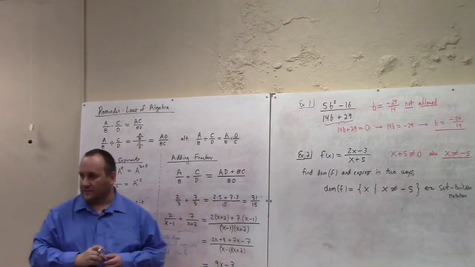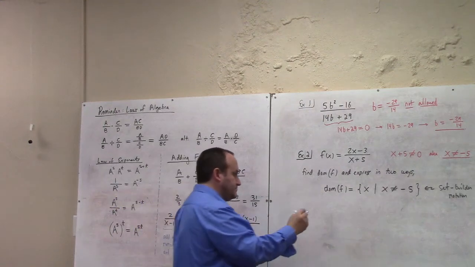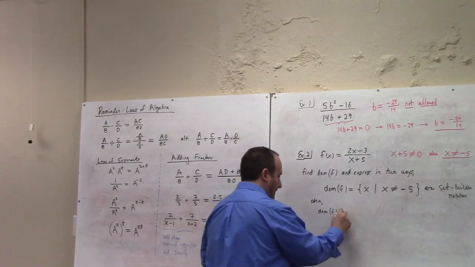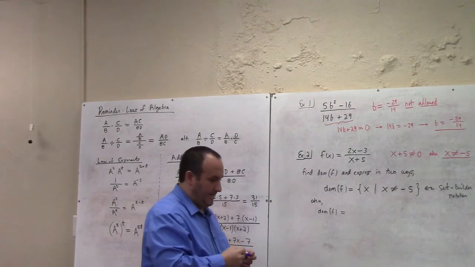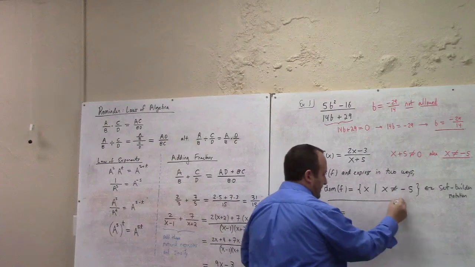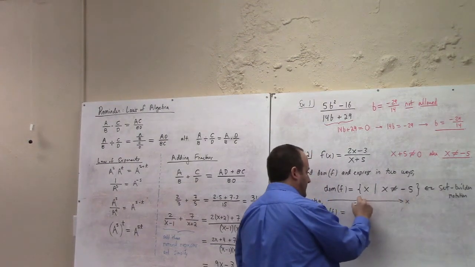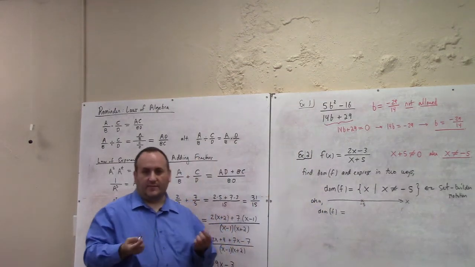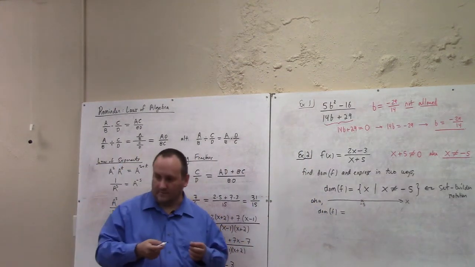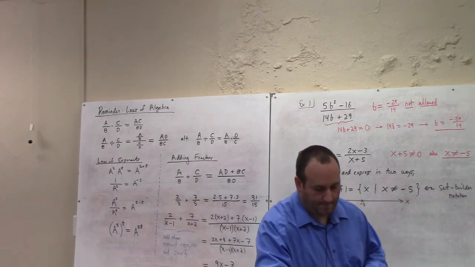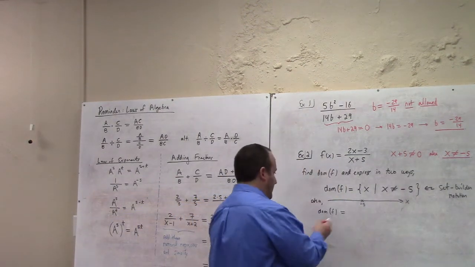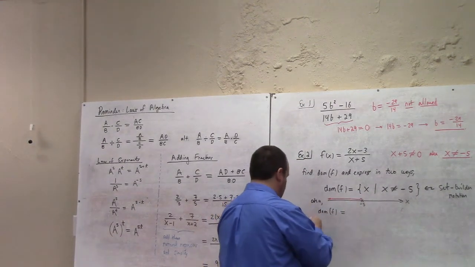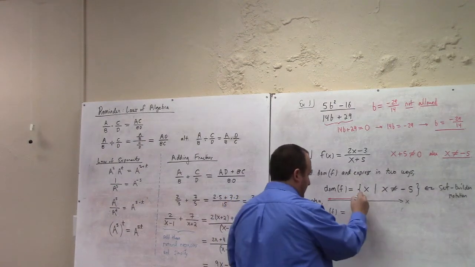Now, how about if I used interval notation? What would the domain of f look like? I think it's helpful to draw a number line, right? And here's that minus 5. So the number line basically has two pieces. You have this piece over here, and you have this piece over here.